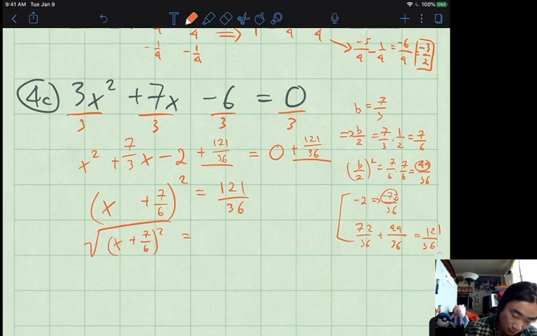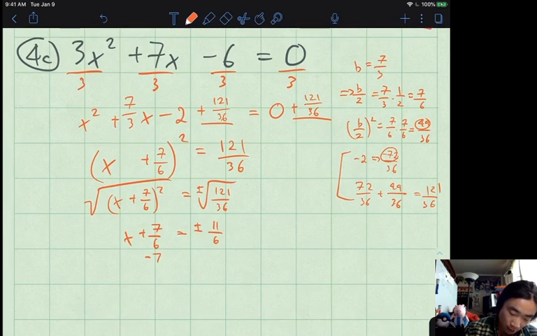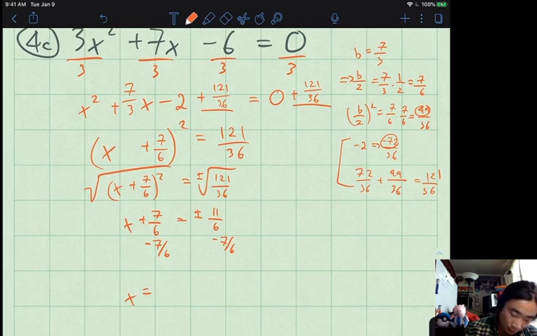Square root, plus or minus 121 over 36, equals plus or minus 11 over 6. Minus 7 over 6, minus 7 over 6. x is equal to plus or minus 11 over 6, minus 7 over 6.